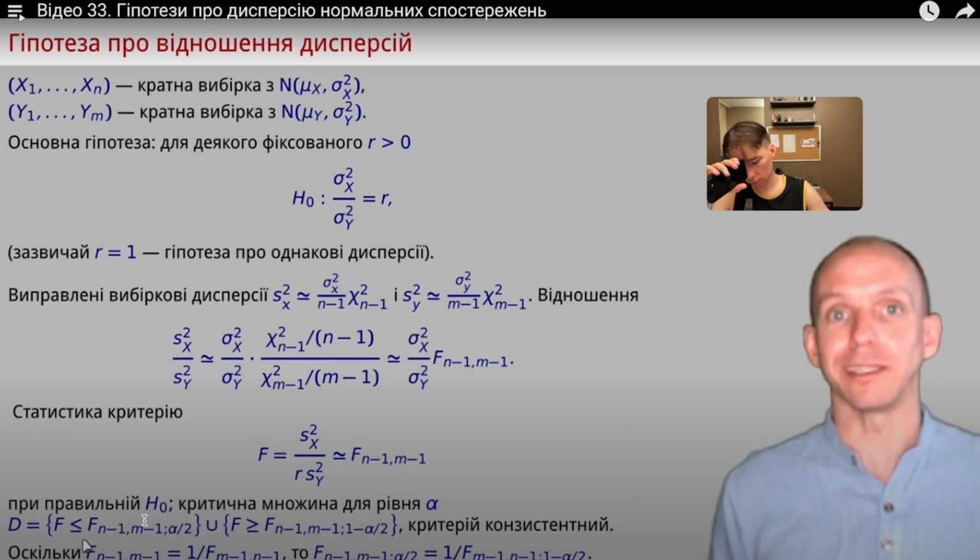So we say critical region D equals: F is either less or equal to that, or it's more or equal to the Fisher quantile with n minus 1, m minus 1 and alpha divided by 2. Okay, great.